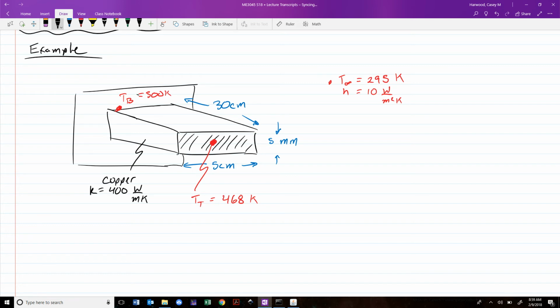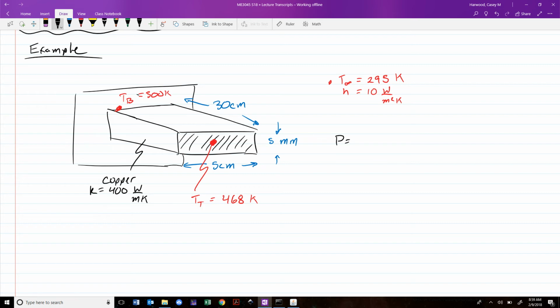So when given a problem like this, it helps to list out all the variables that we're going to call upon. For example, A_c, P, and finally that m parameter that keeps finding its way into our solution. So P, or the perimeter, is going to be 2 times (5 centimeters plus 5 millimeters).